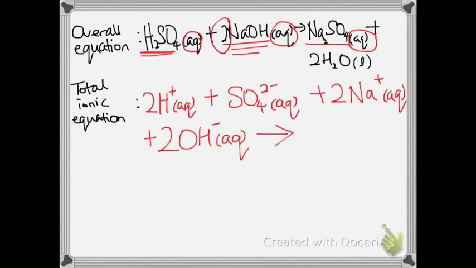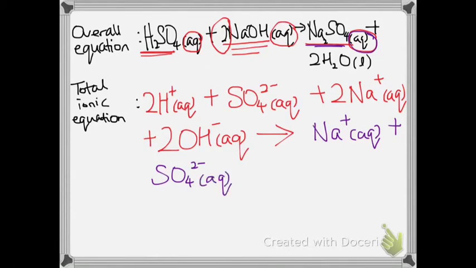Now let's look at the products. For the products, sodium sulfate is an aqueous compound. Therefore, we will split it up into sodium and sulfate. Remember, sodium sulfate is Na2SO4. Therefore, we will have 2 sodium ions.